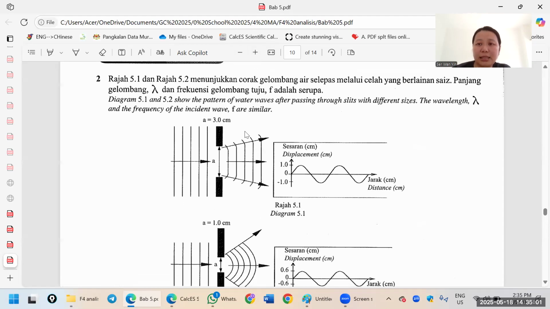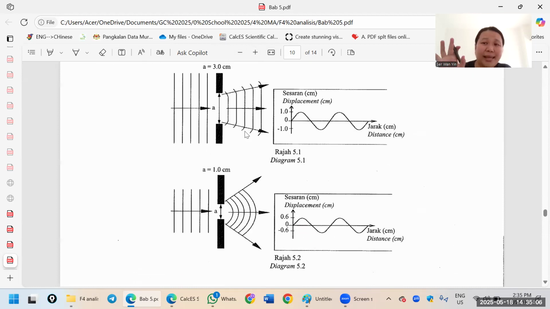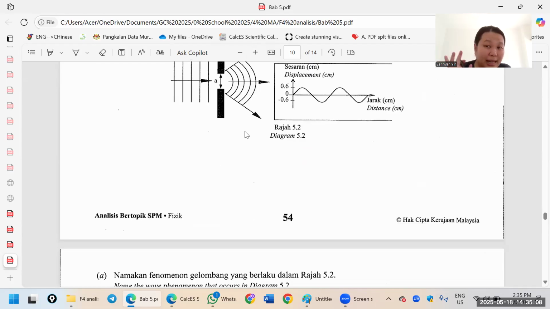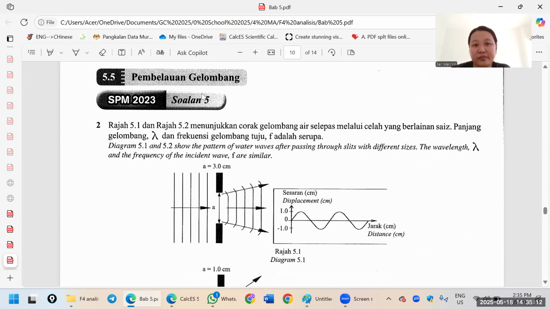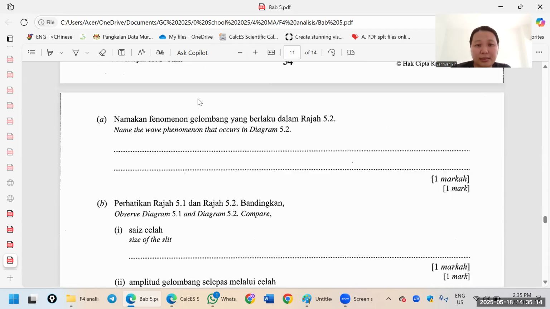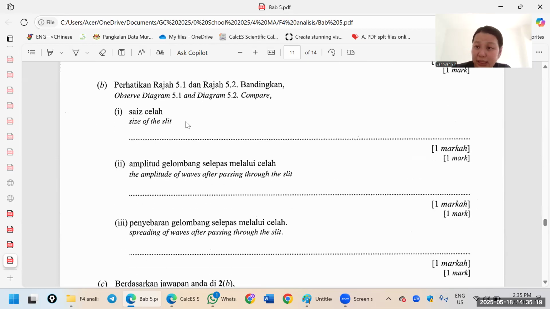Yeah, you may say, teacher, I never done this before. It's okay, you still can answer one because this is number 5. Then name, blah, blah. Okay, this one you don't know, never mind. But look at this. Diagram 5.1 and 5.2.